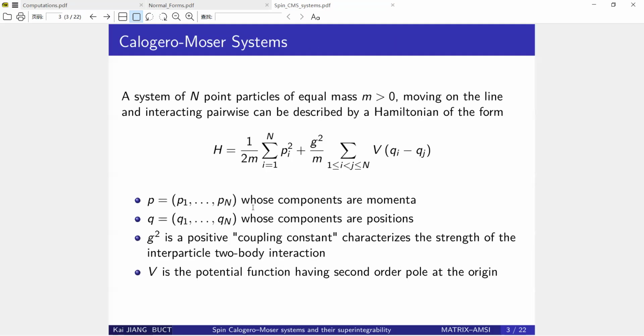So here we can consider it on a one-dimensional manifold, a circle. We can consider that n particles move on a circle. If they rotate, and we do not distinguish the particles, they can be periodic on a circle.